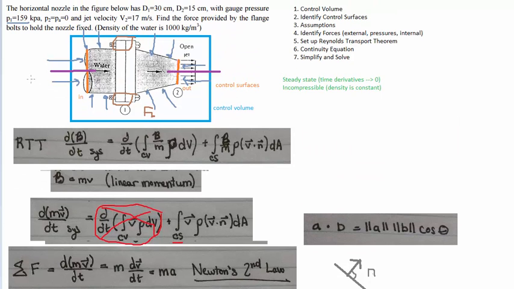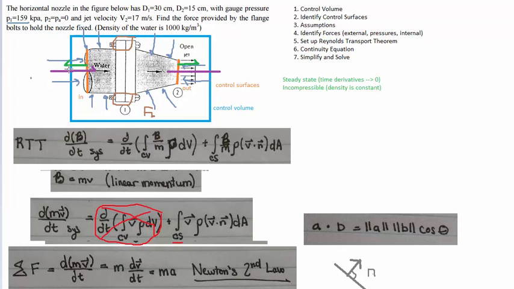So again, this purple line over here on the left is the vector corresponding to our water, and I'm going to add a green line, and this is going to be the normal vector at these two surfaces. Remember, the normal vector needs to point away from the surface. So at the inlet over here, it's going to go leftward, and at the outlet, it is going to go rightward.